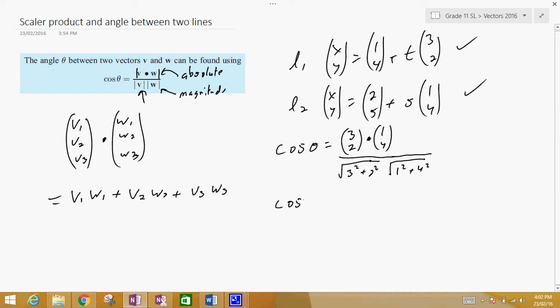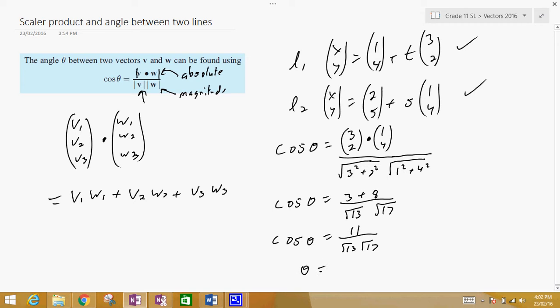And therefore, cosine theta is equal to 3 times 1, which is 3, plus 2 times 4, which is 8, all divided by 9 plus 4 is root 13, and root 17. Okay, looks good. So cosine theta is equal to 11 divided by root 13, root 17.